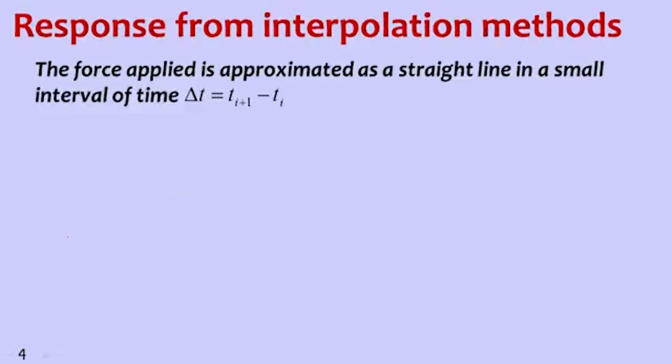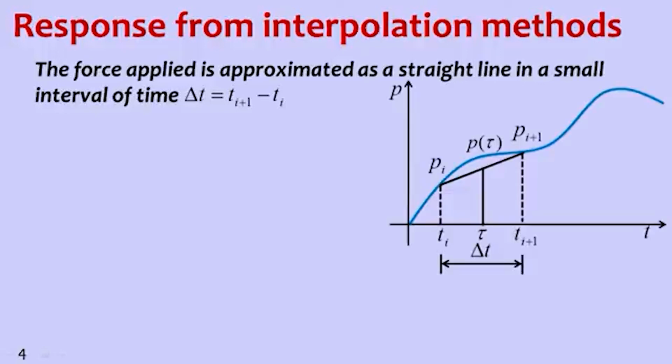Now what we do in this is, the applied force is approximated as a straight line in a small interval of time. So that is delta t equal to t i plus 1 minus t i. If this is a force, any arbitrary force we are taking, as you can see in this figure, this is an arbitrary force, the blue line, and say we are interested in p tau.